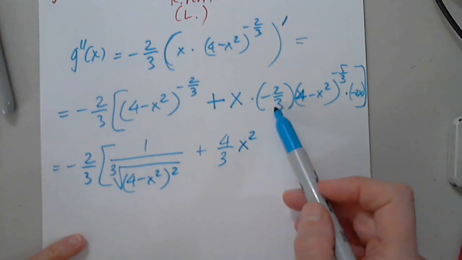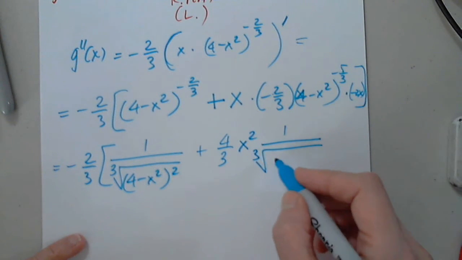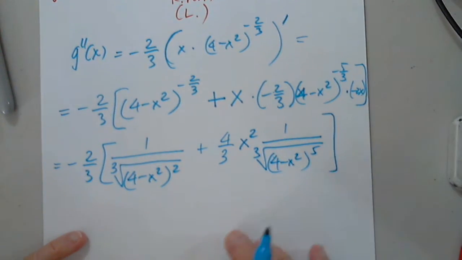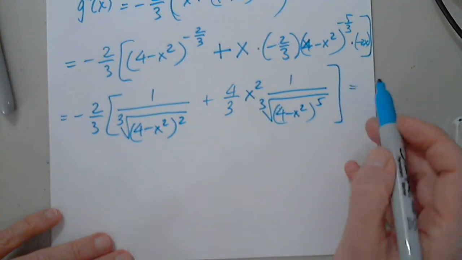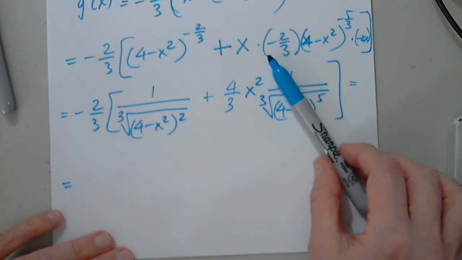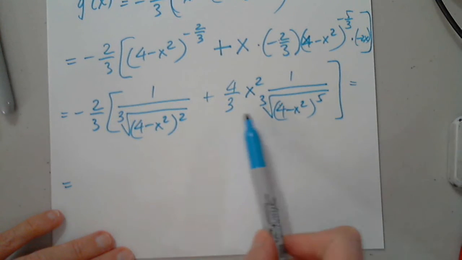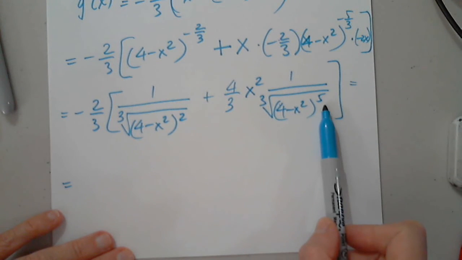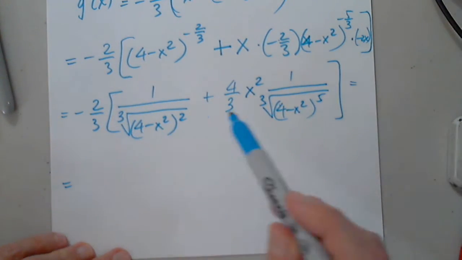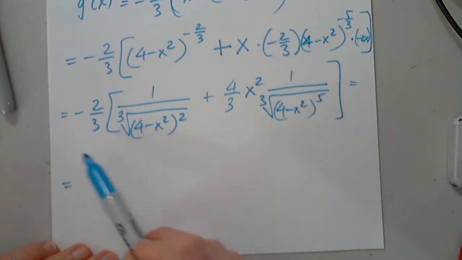X and x, positive 4/3, 1 over the cube root of (4 minus x squared) to the 5th. Okay. This is what I would do next. This is not an easy situation. I see the cube root of the same quantity squared, the cube root of the same quantity to the 5th power. I will factor out the one with the smallest power, which is the cube root of (4 minus x squared) squared. Put it in front.